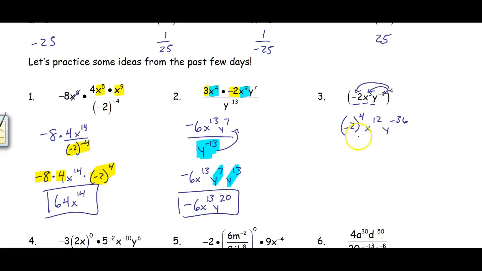All right, -2 to the 4th is 16. All right, and now we can move our negative exponent to the bottom. So you get 16x squared over y to the 36th power.